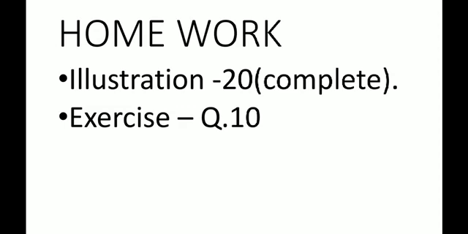What you are going to do is that you will complete illustration 20 first, and only then you can start with the sum given in your exercise, which is question number 10. Make sure you complete writing, complete understanding illustration 20, and only then you have to start with question number 10 given in your exercise.